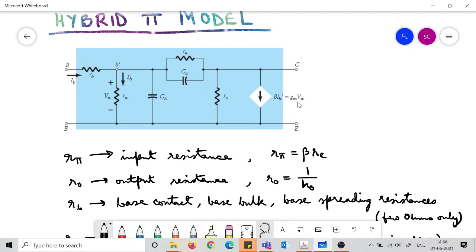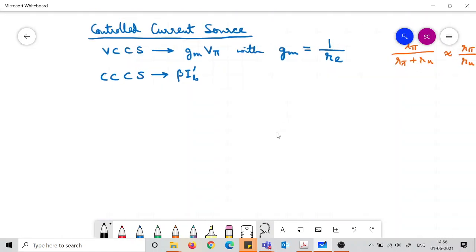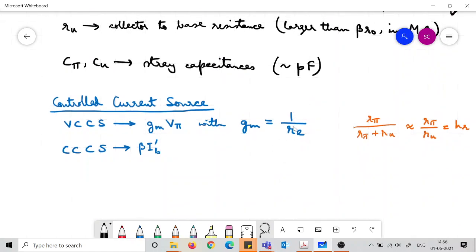When it is voltage controlled, it is GM V pi. Some parameter GM comes into the picture. So what is that GM? That GM is nothing but 1 by RE. Remember, GM is nothing but 1 by RE.